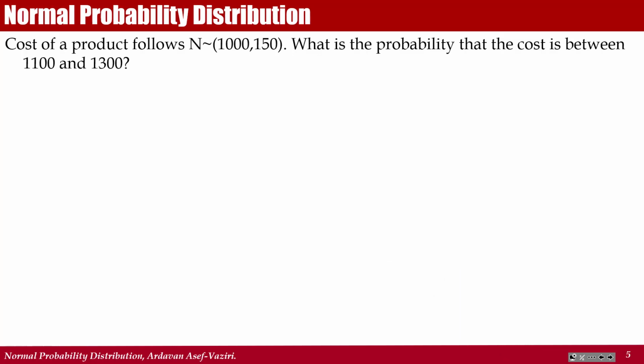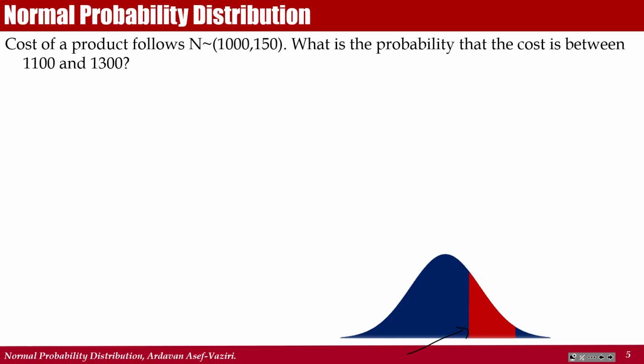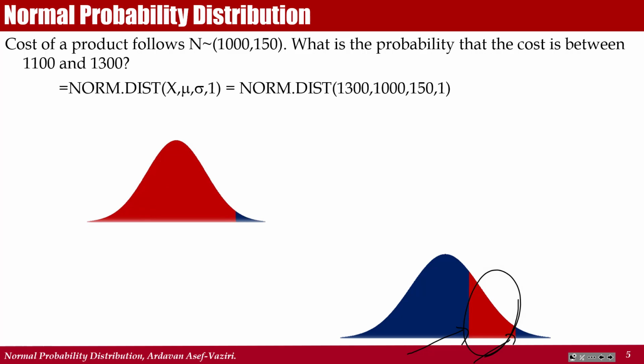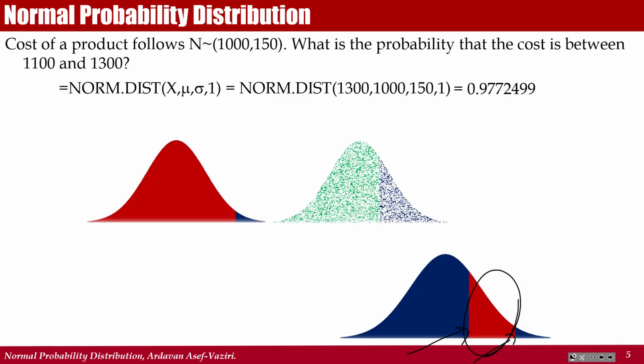Cost of a product follows normal distribution with average of 1000 and standard deviation 150. What is the probability that the cost is between 1100 and 1300? Quite straightforward. Here I have 1100, here I have 1300, and I want the probability between them. This is the probability of less than or equal to 1300. We put it into the simple equation that we have already learned and we compute it.